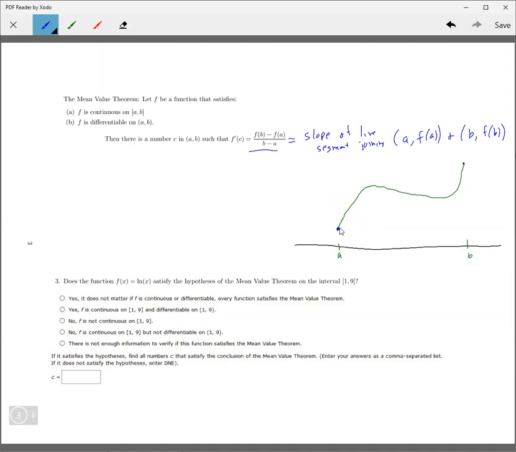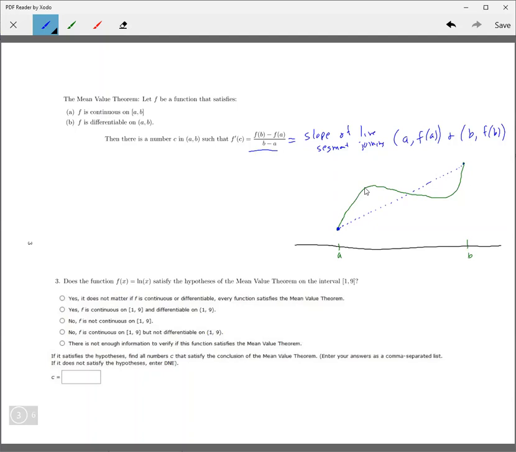So if we draw that line segment, I'll just do it with a dotted line. Oh, dang. Oops. Okay, so let's try again. Aim a little bit lower. Okay, there we go.